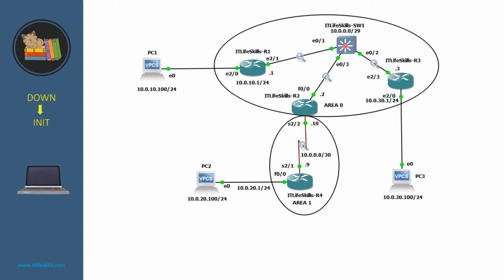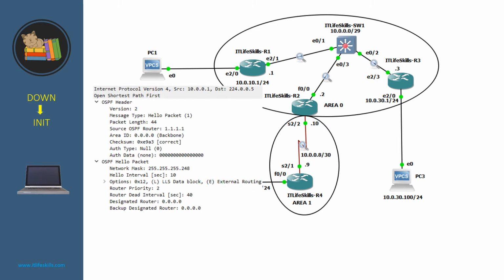As you may know, when the routers are starting and OSPF processes have not been started, from the OSPF perspective, these routers are in down state, and they will transition into the init state as soon as the OSPF processes start and the routers send their first hello packet to discover the neighbors.